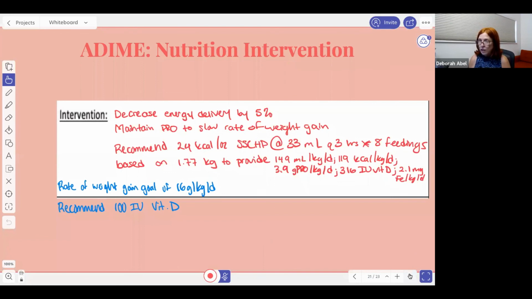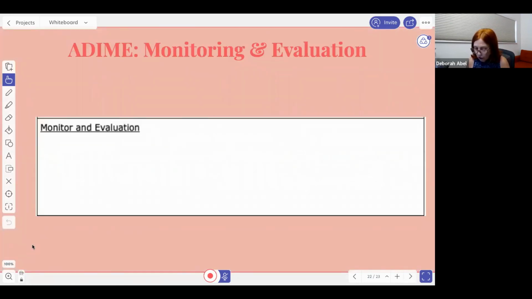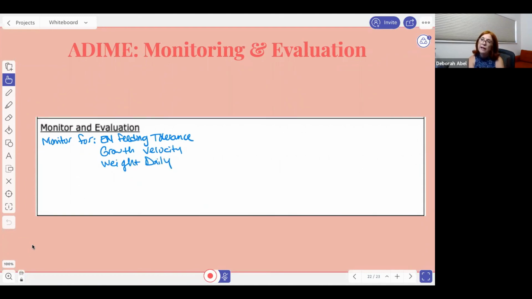And then your monitoring and evaluation are very similar to what they were last week. You're going to monitor for feeding tolerance for the enteral nutrition. And you could even just write monitor and then have bullets under it if you wanted to. So feeding tolerance, growth velocity, weight daily, length and head circumference weekly. It would be very important on this baby to get a length measurement to know what the BMI is and the weight for length is.